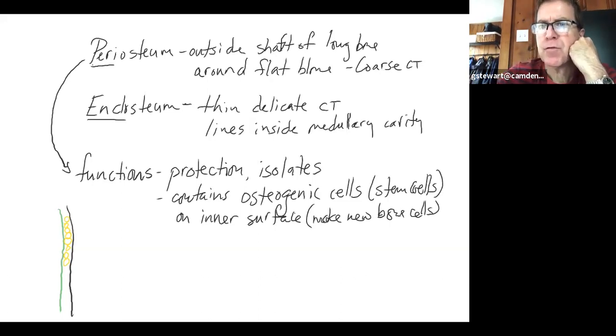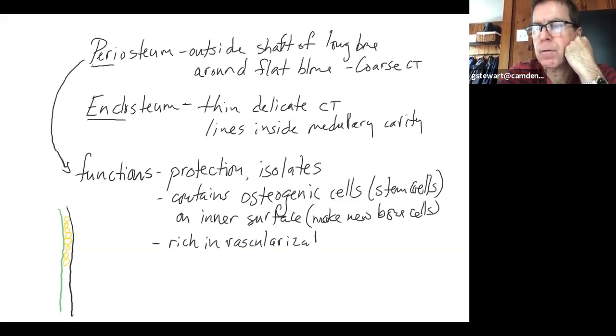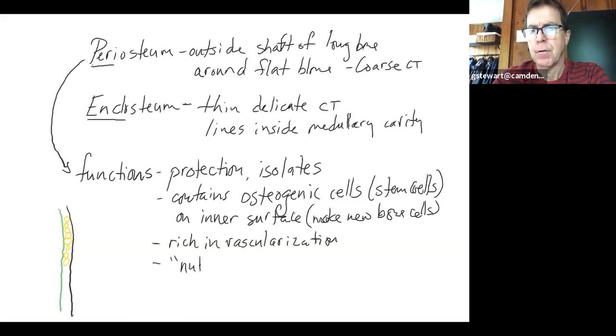So back to major functions of the periosteum. It is rich in vascularization, so lots of blood vessels. It also has something called a nutrient foramina.